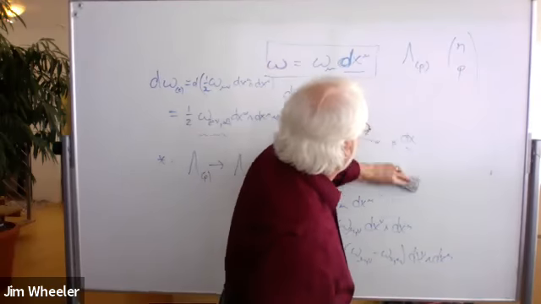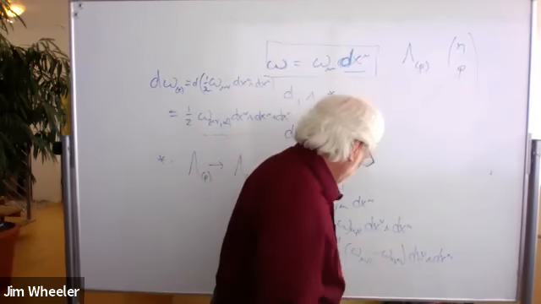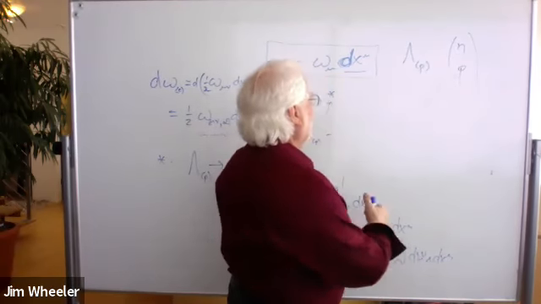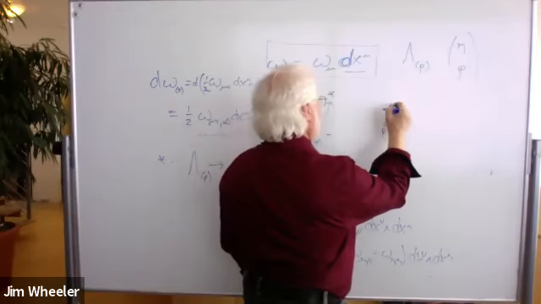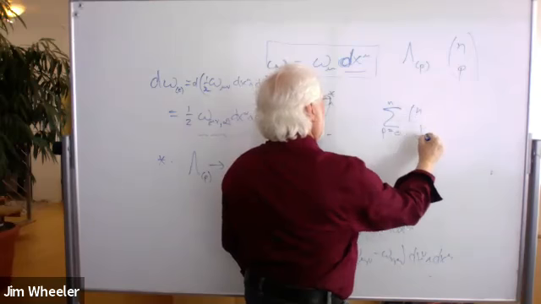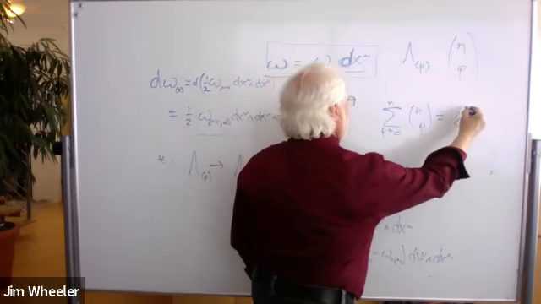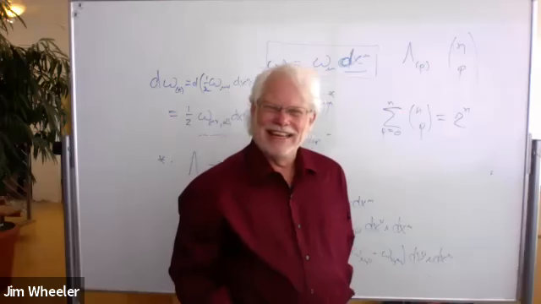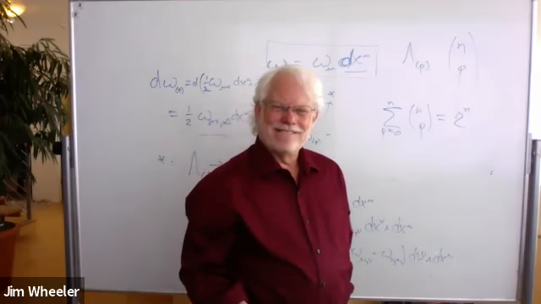So let's look at how many there are altogether. I can sum p equal 0 up to n of n choose p, and that's 2 to the n. You know how to prove it? Induction?